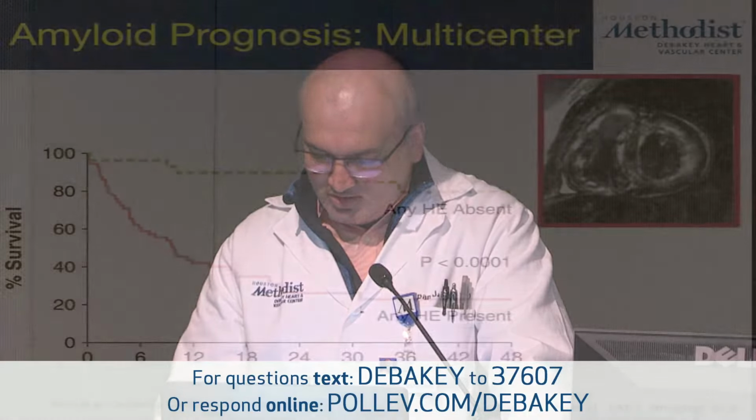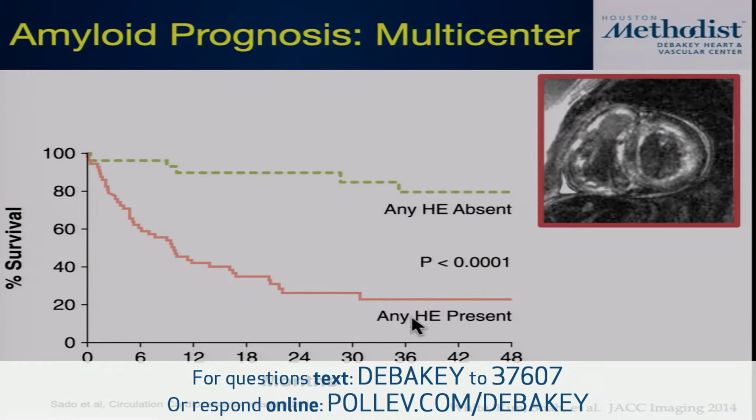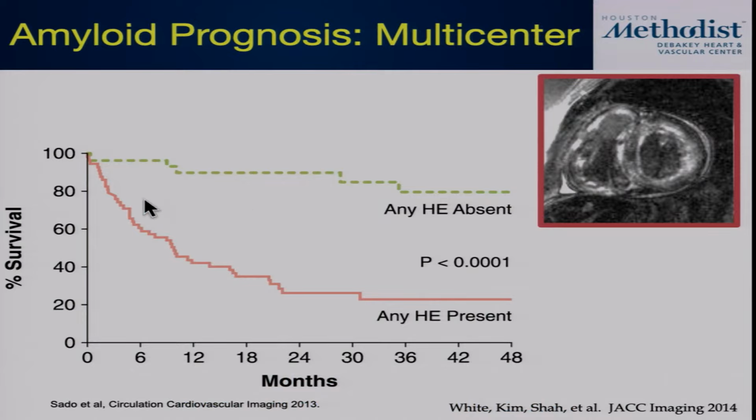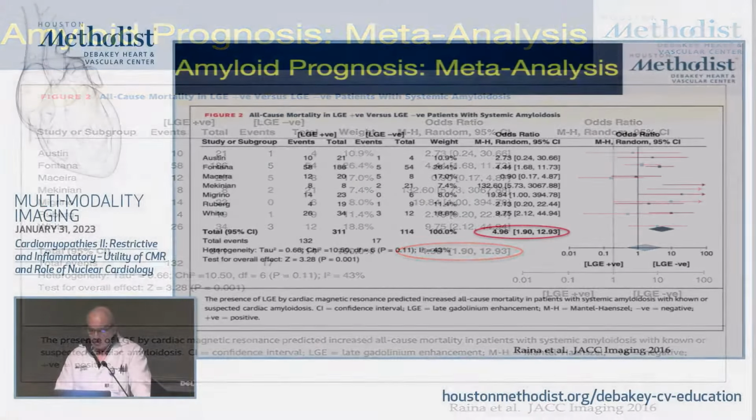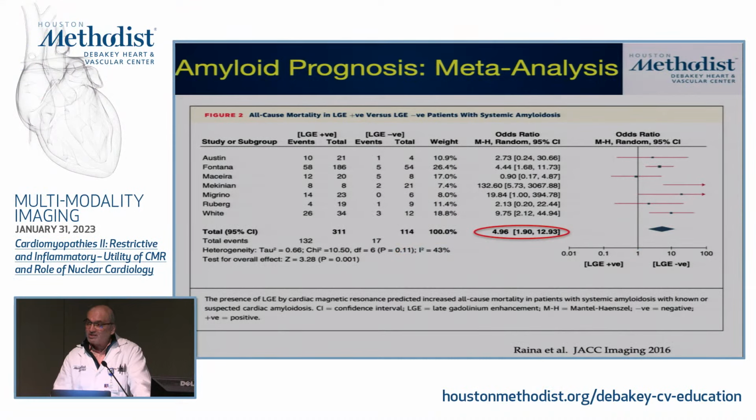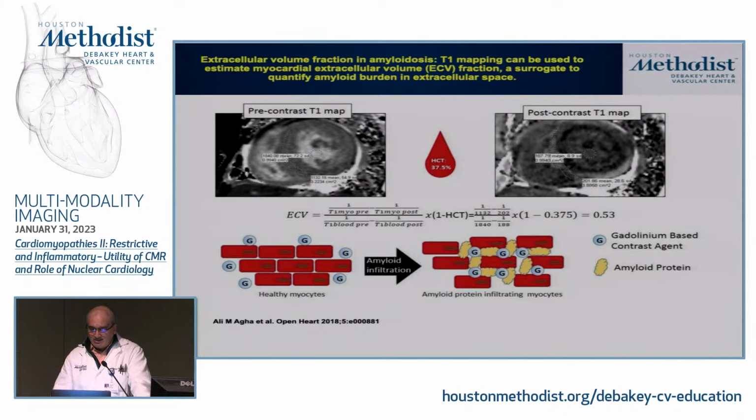Obviously, there are studies, both single center and multi-center, in patients with known extracardiac amyloid, showing that if you have any evidence of hyperenhancement, using the MRI to identify cardiac involvement, the prognosis is much worse than for those patients with no hyperenhancement. This meta-analysis from the literature shows a 5-fold higher risk of adverse outcome, all-cause mortality, in patients with known extracardiac amyloid if there is cardiac involvement based on delayed enhancement by CMR.